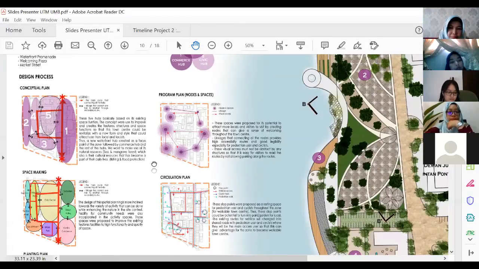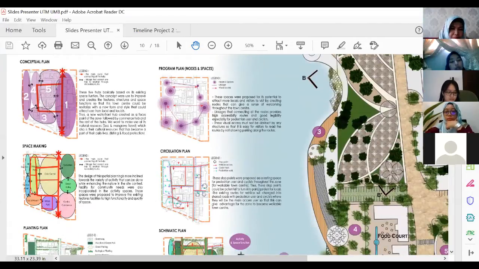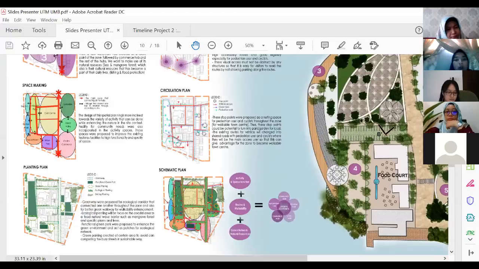Basically the space making will incline towards more variety of activities or multifunctional spaces that can be done while enhancing the nature in the site context. Aside from that, I would also like to insert facilities for community needs that can be incorporated in the activity spaces. And then we have the circulation plan.